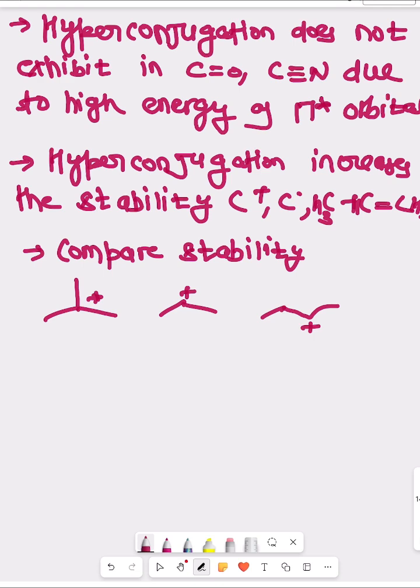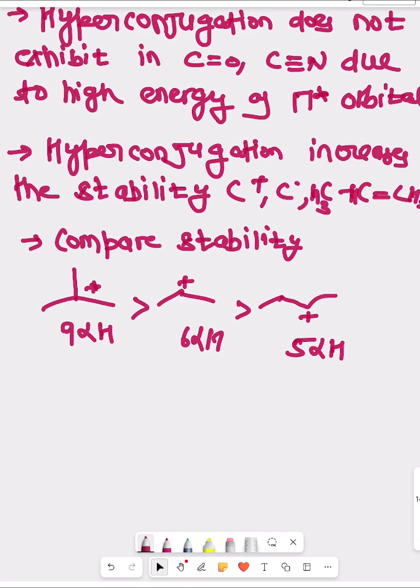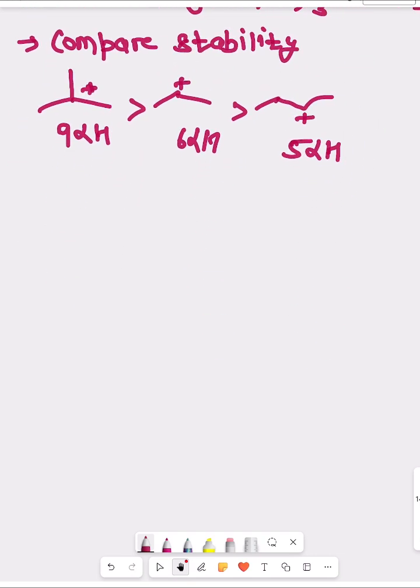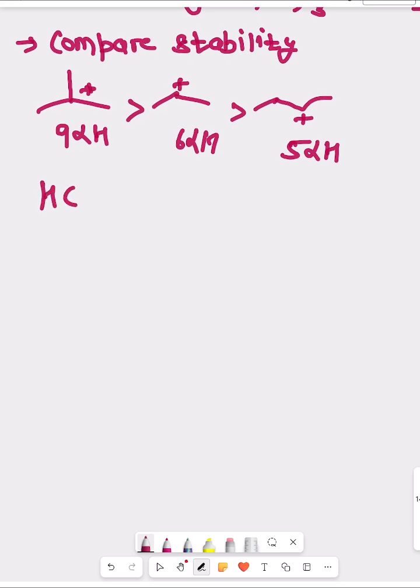Which one is most stable? Here are 9 alpha H: 3, 3, 3. Here 6 alpha H. Here are your 5 alpha H. This is the most stable. The more hyperconjugative structures, the more the stability.